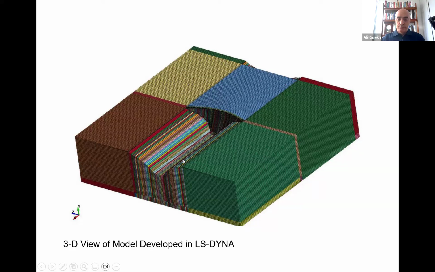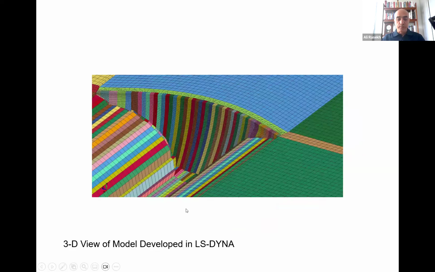So it was worth it to have a nice mesh. It's better presentation, better results, and it's easier for the analysts to just create a nice fine mesh rather than thinking too much about sub-modeling and where the results are reliable or not reliable. Just put the best mesh possible.